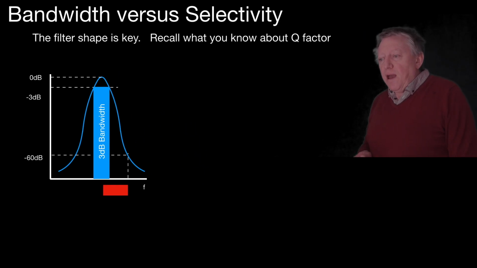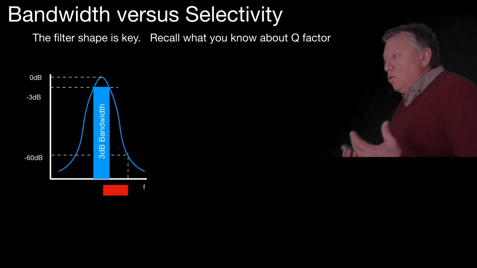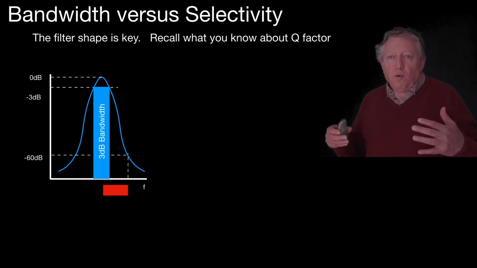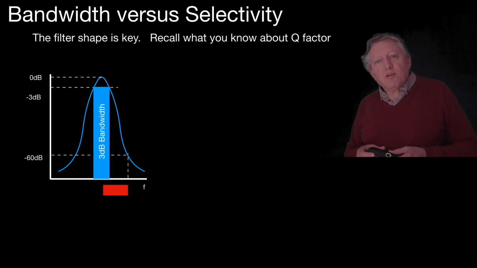So there we have the bandwidth shown on the graph, and this slide here is meant to highlight the relationship, if you like, or why we discuss bandwidth and selectivity together.